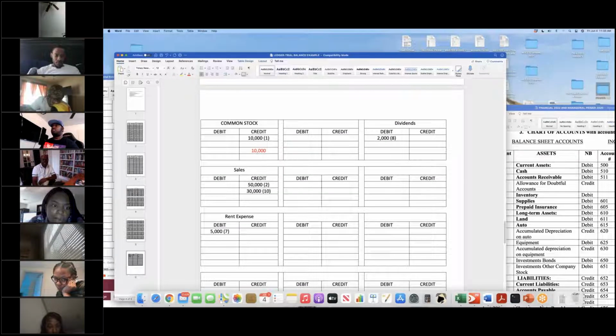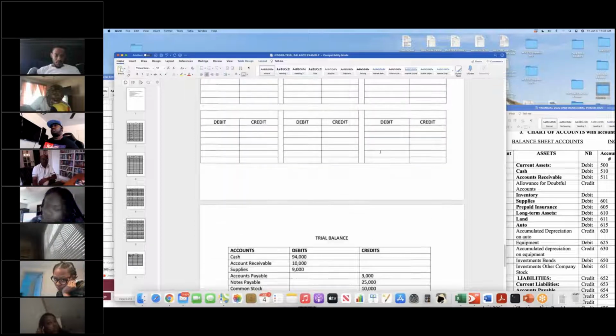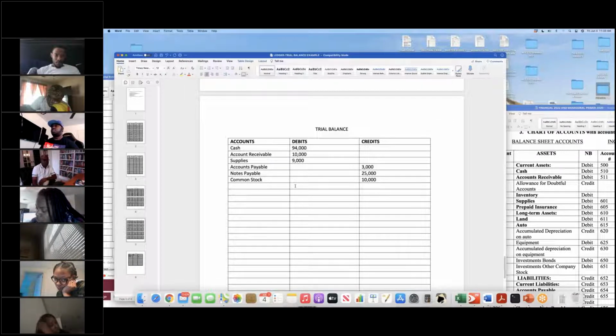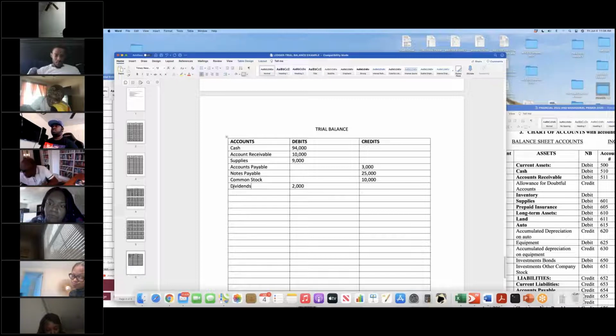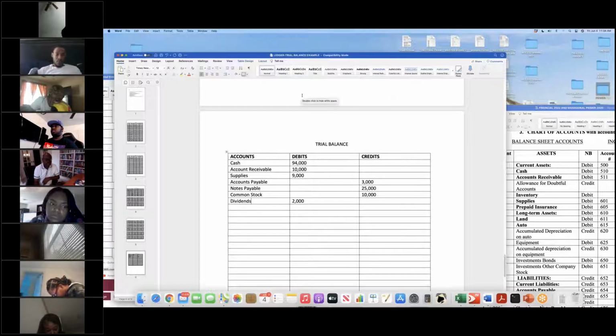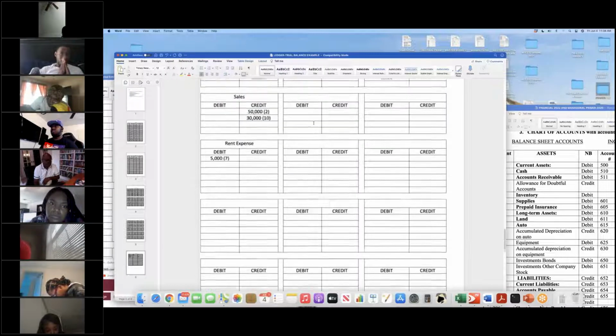Then we have dividends of 2,000, and we have to put it on the debit side here. What's next after dividends? Sales.